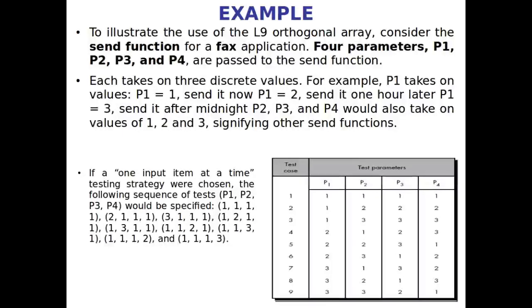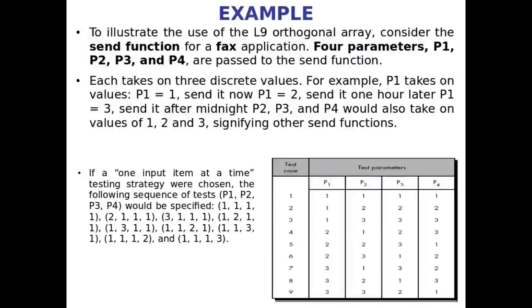For example, P1 takes on values P1 equal to 1, that is send it now, P1 equal to 2, send it 1 hour later, P1 equal to 3, send it after midnight. P2, P3, P4 would also take on values 1, 2 and 3, signifying other send functions.